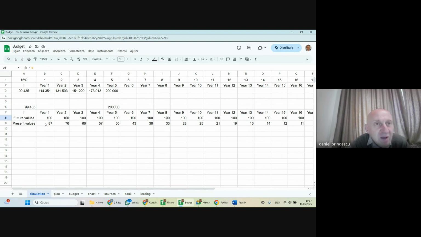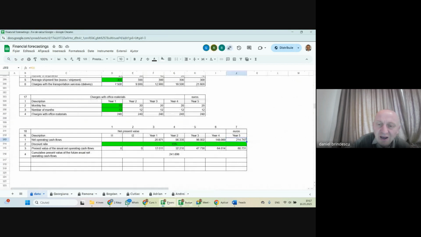So because it's difficult to estimate with any accuracy the future for more than a few years, that's one reason, and the other is that even if we do estimate the future values, the present value of those future values is very low.